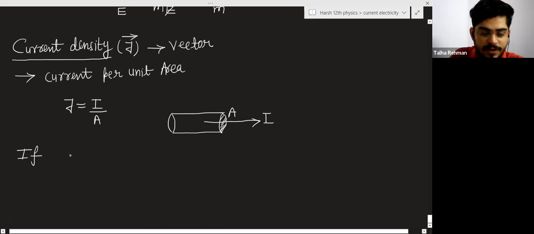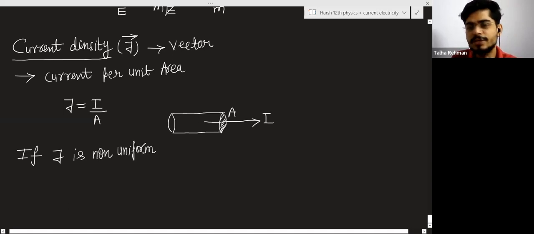If current density J is non-uniform, it means the current is changing with respect to area. At different areas, the current is different.